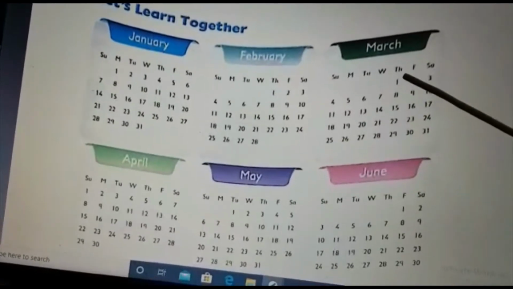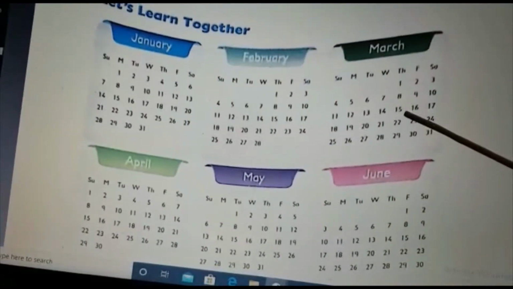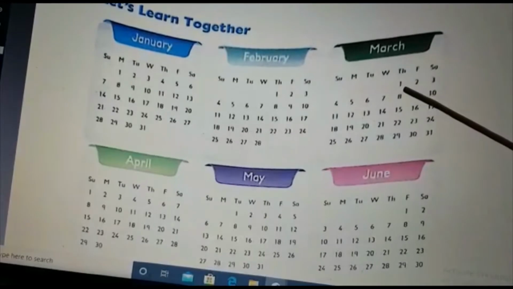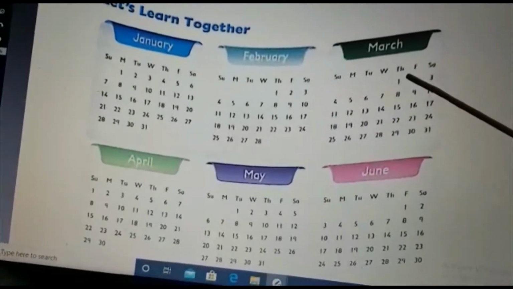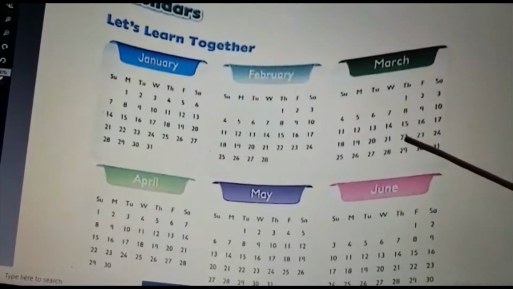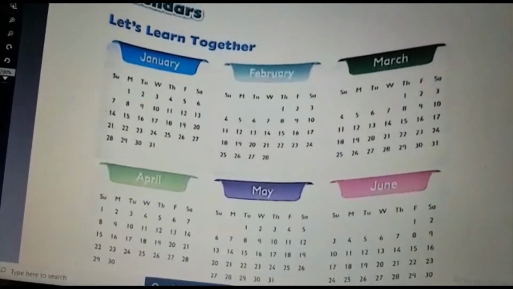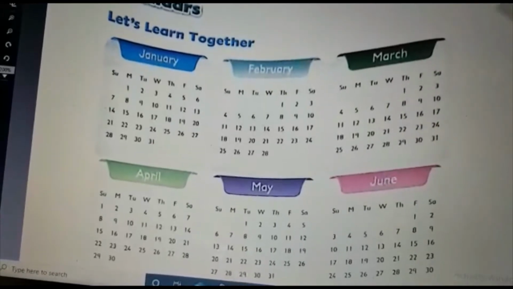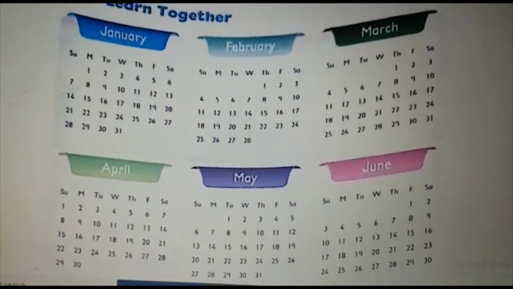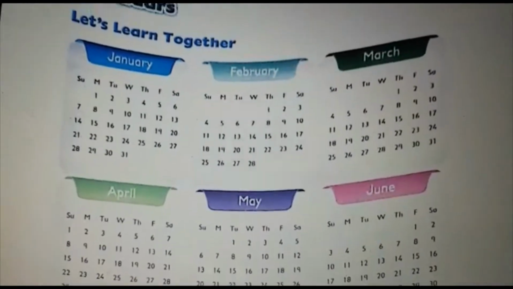Again, suppose I am saying January 1 and 15. So 1 to 8, 1 week, 8 to 15, 2 weeks. So I can say 2 weeks. Why? Because the question is from 1 to 15. Is it clear? If the question is between 1 and 15, we start from 2 and we end by 14. These are the things which you should keep in your mind while you're dealing with calendar.